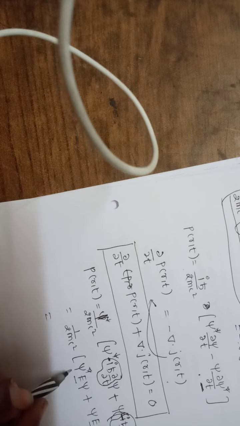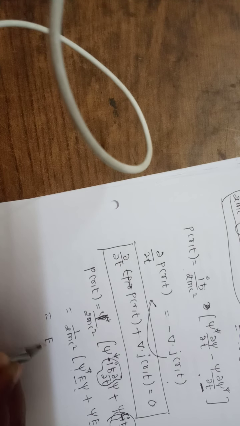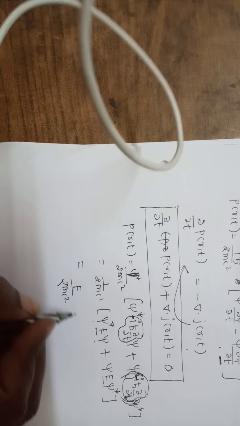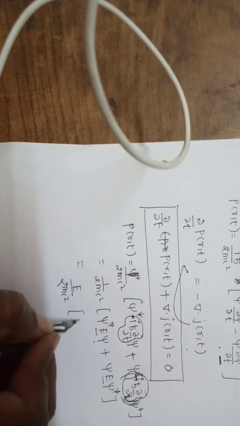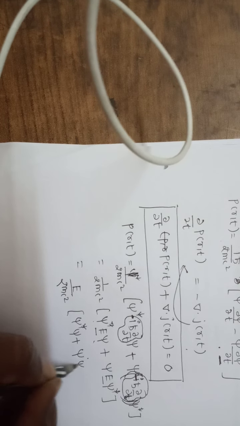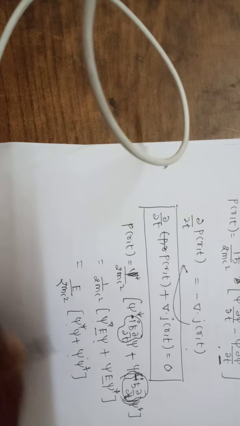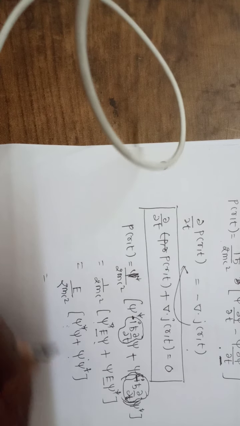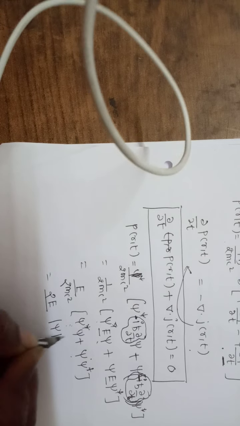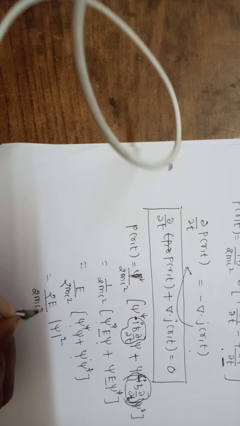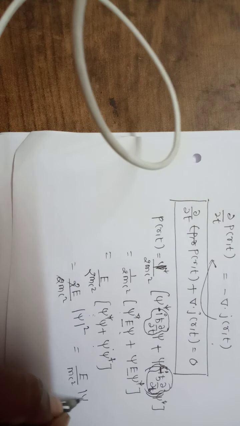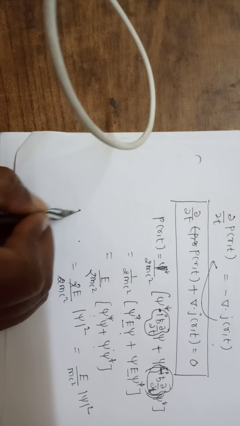So psi into psi star E divided by 2mc square. Then E is a constant term. Then psi star plus psi into psi star. This is the probability density. 1 plus 1 is 2, E mod of psi square, 2mc square. 2 gets cancelled, meaning E by mc square mod of psi square. Okay, this is the p of r,t.